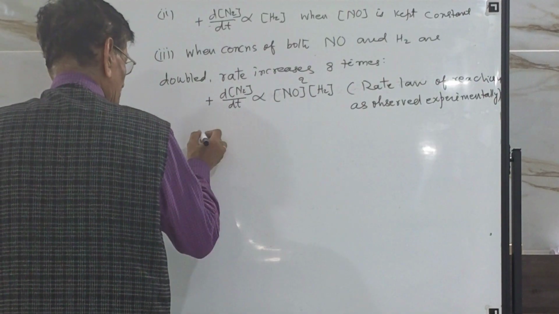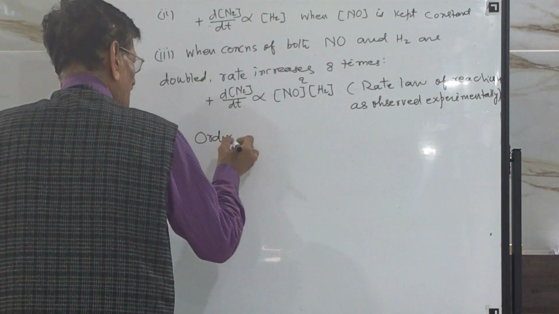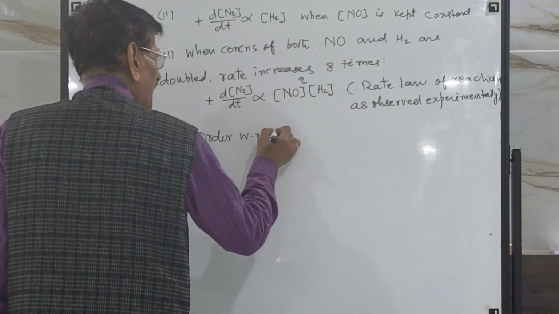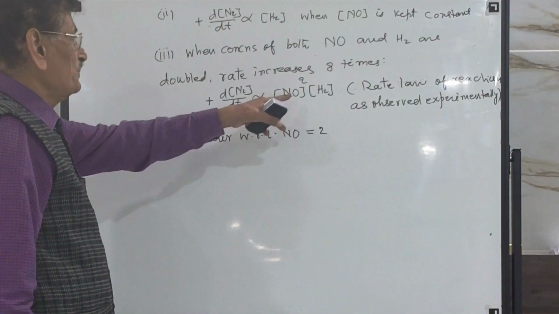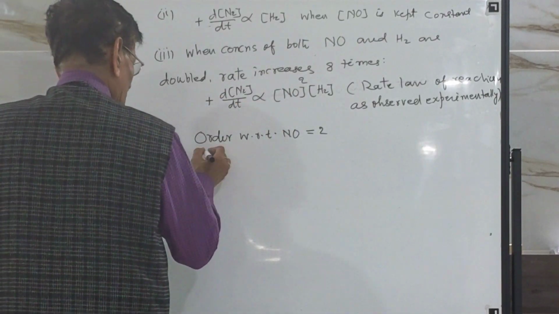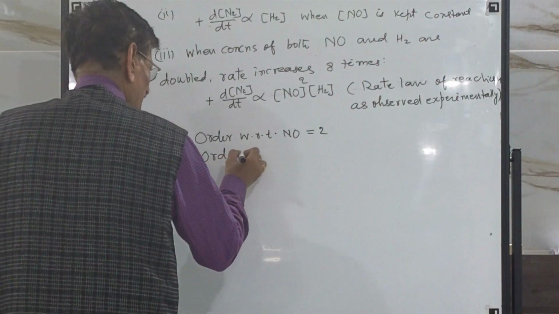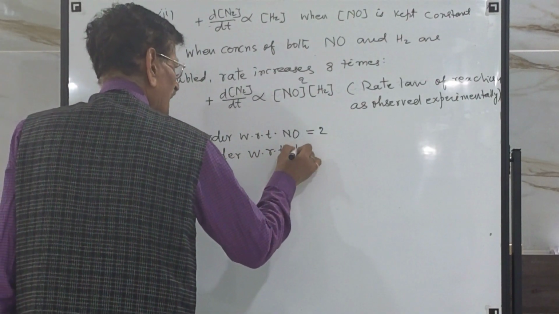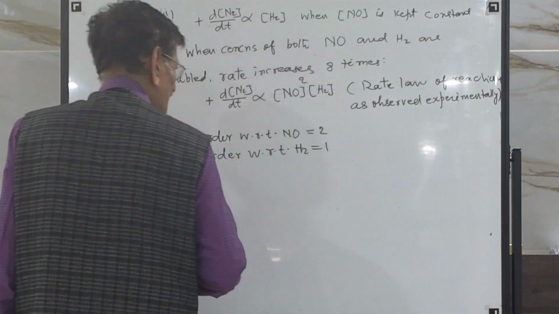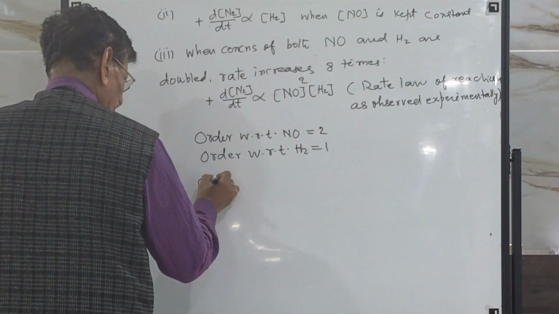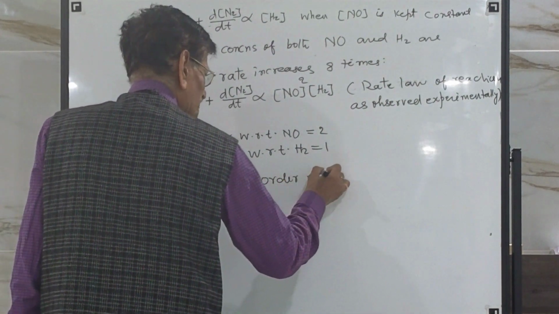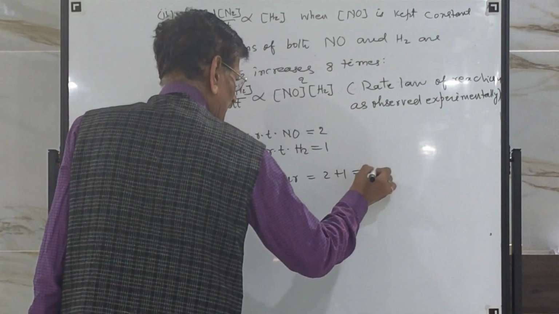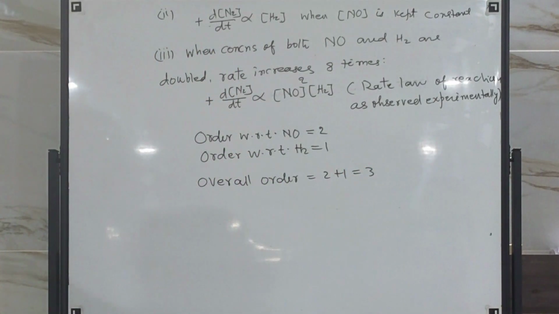So the order with respect to NO is 2, because the concentration of NO has power 2. The order with respect to hydrogen is 1, and the overall order is 2 plus 1, that is 3. It is a third order reaction.